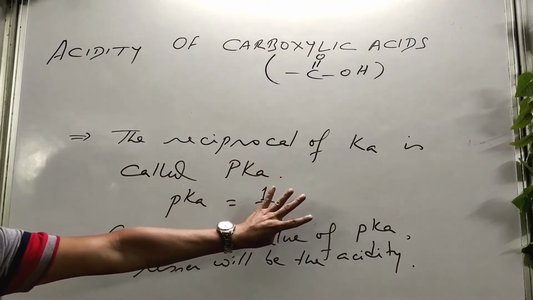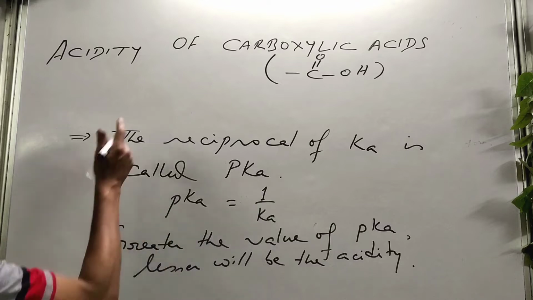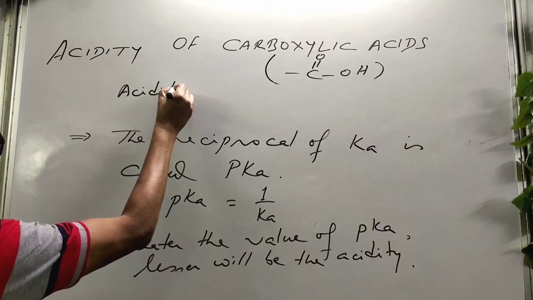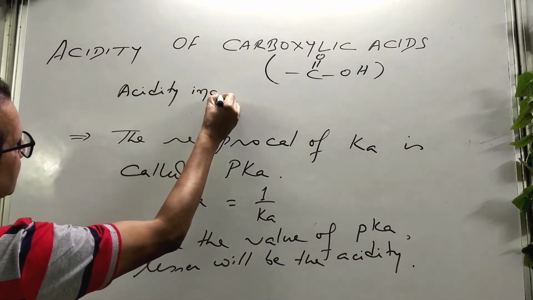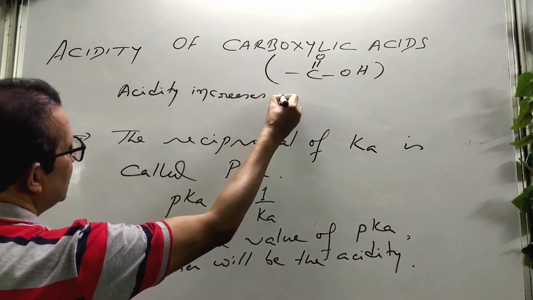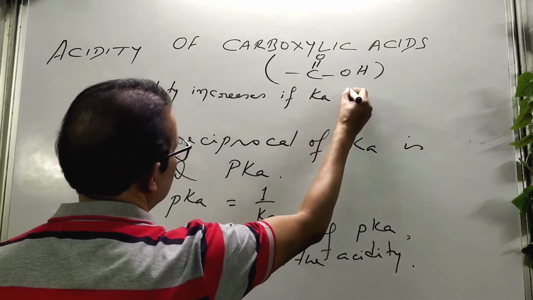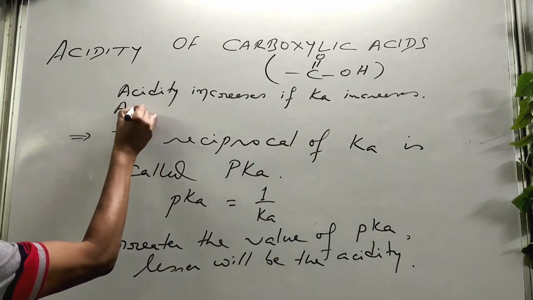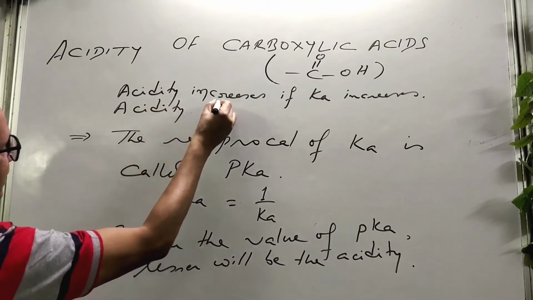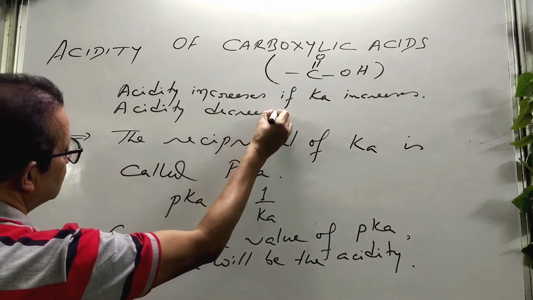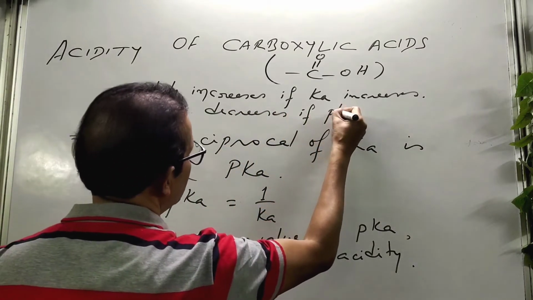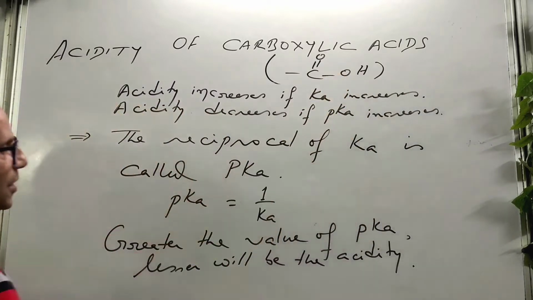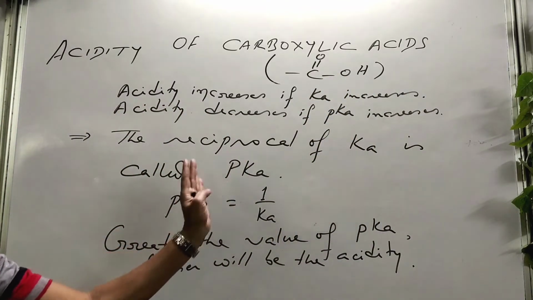So in a nutshell, you can say that acidity increases if Ka increases. Acidity decreases if pKa increases, because Ka and pKa are just reciprocal to each other.